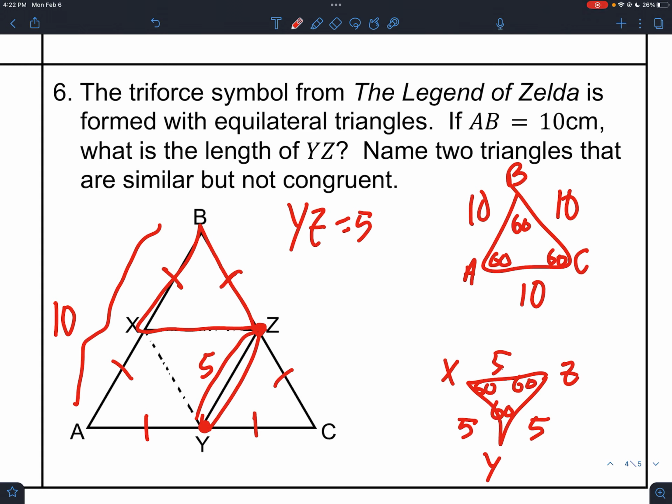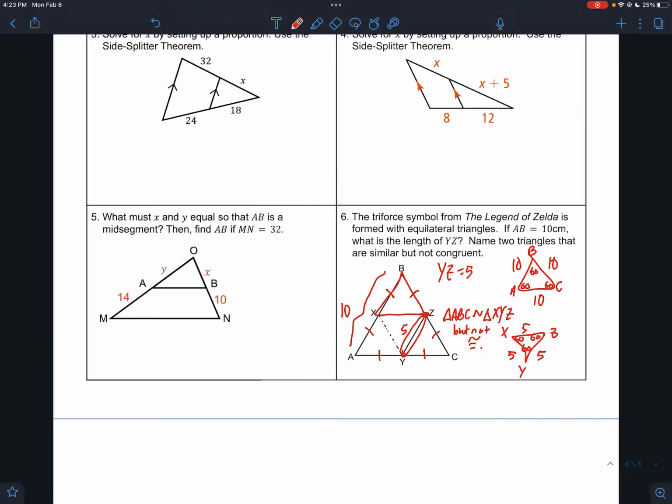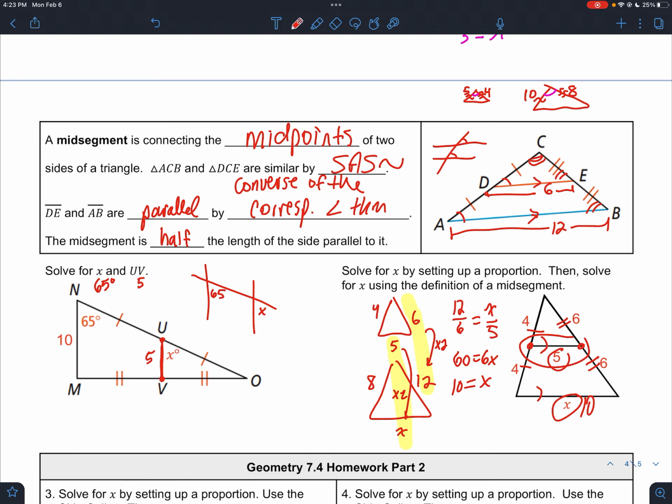So the angles are all the same, and the sides are all in proportion because to go from the larger one to the smaller one, you always multiply by half. And that's a common theme with the midsegment. So I would say that triangle ABC is similar to XYZ, but not congruent because they are not the same size at all. Okay? Cool. So finish up the rest of those homeworks and let me know if you have any questions.